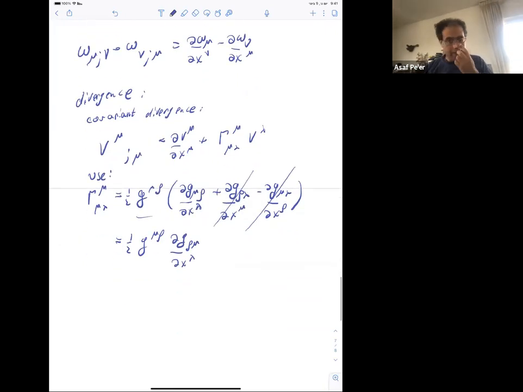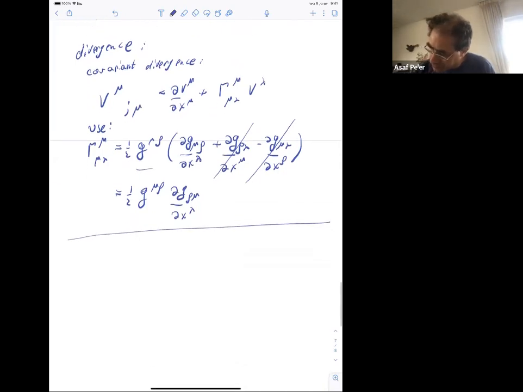And then I'm going to use an identity which I can ask you to prove, or I can prove for you later on. Not a trivial identity, but it's a doable identity. I don't know which textbook I took it from.